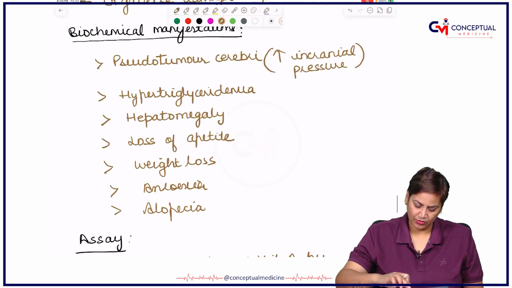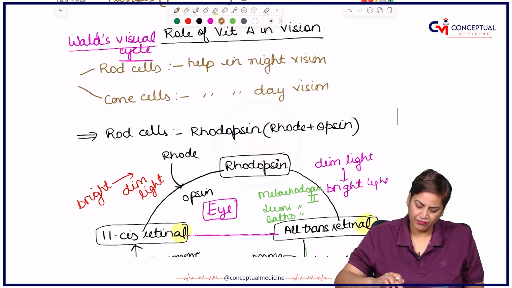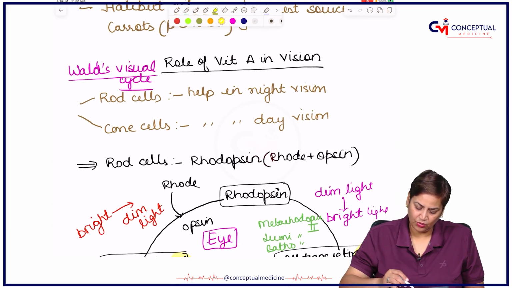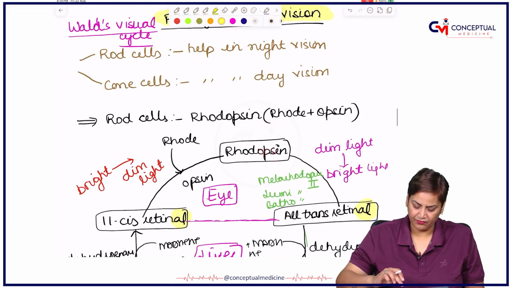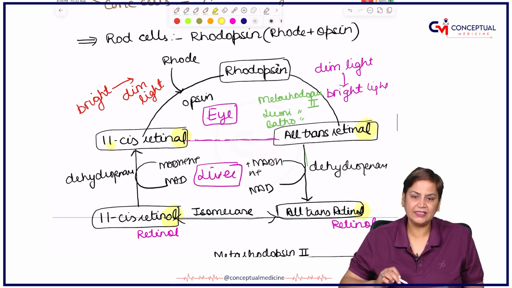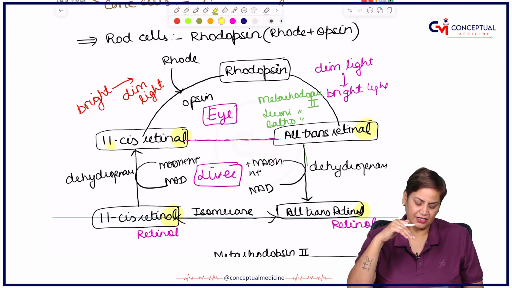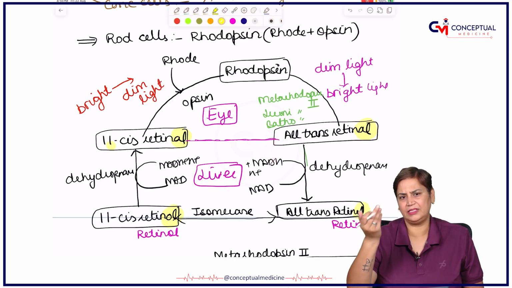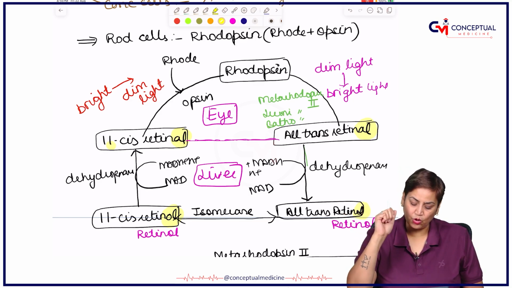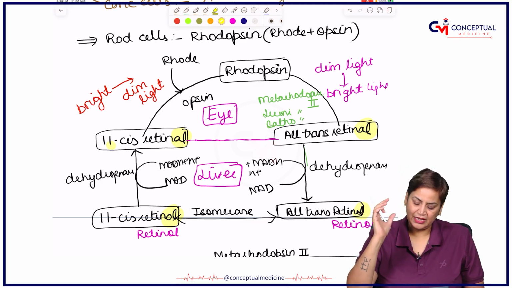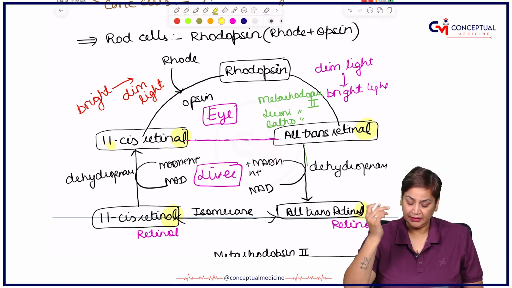And if we talk about the role of vitamin A in vision, the most important point you have to remember is its active form, which is 11-cis retinal. The moment we enter from a bright light to a dim light, rhodopsin is generated. So it helps our eye to focus.